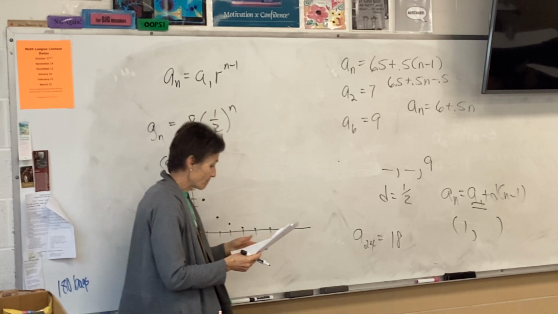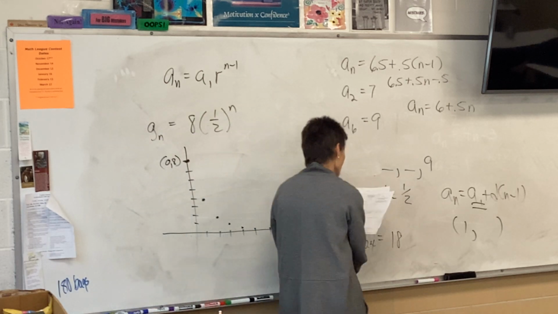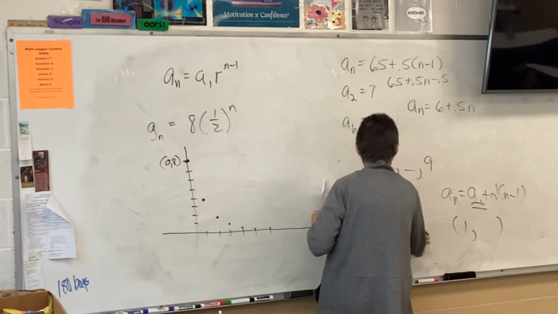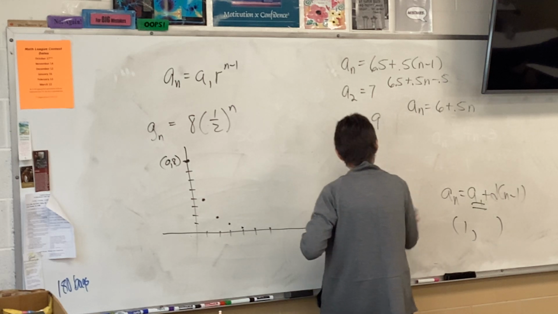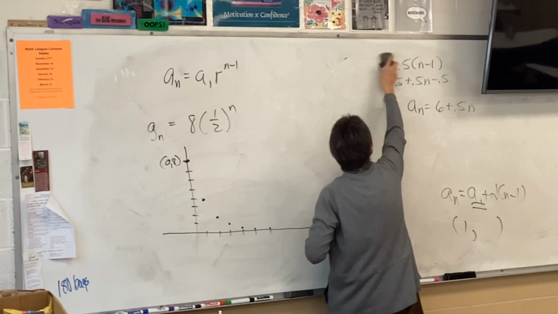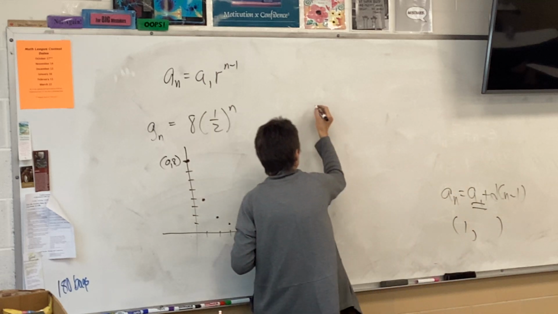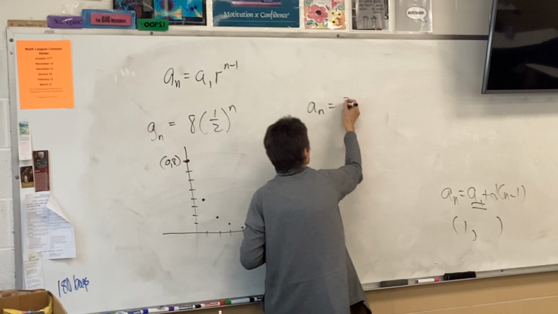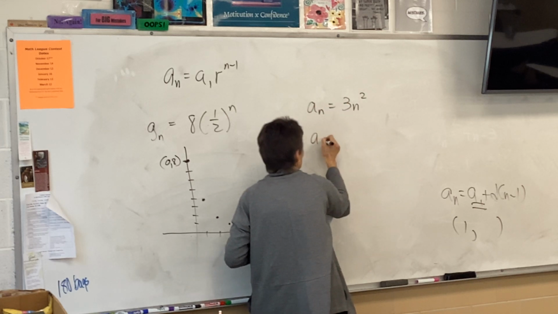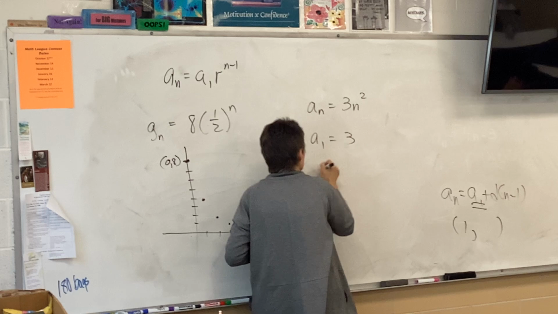We just have dots. All right, for each of the following, determine if it could be geometric. If it is, give the common ratio. All right, let's talk about 3n squared. What are some terms of 3n squared? What would the first term be? Second term?